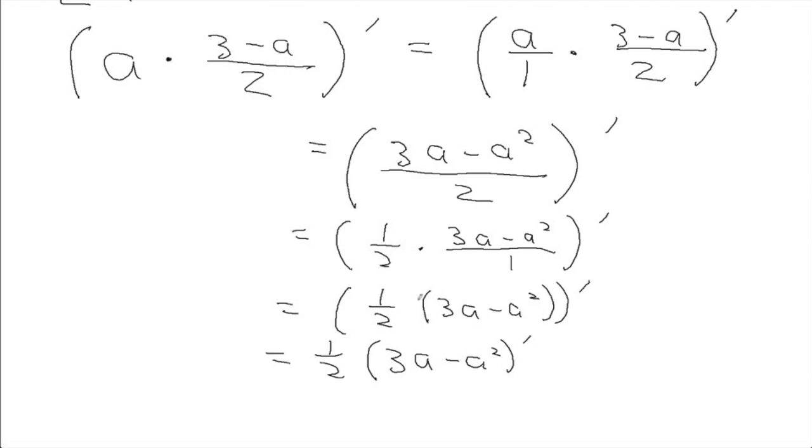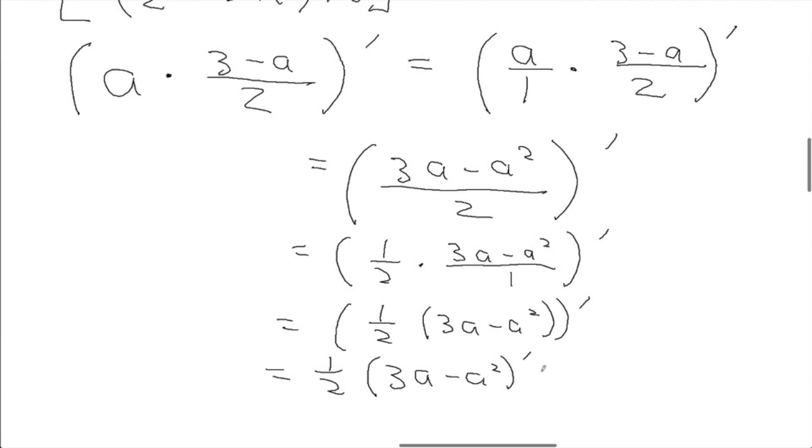When there's a constant times a function, you can just take the constant out of the derivative. So we should pause here, take a look at these steps to see how we did this, because this comes up a lot in this section.